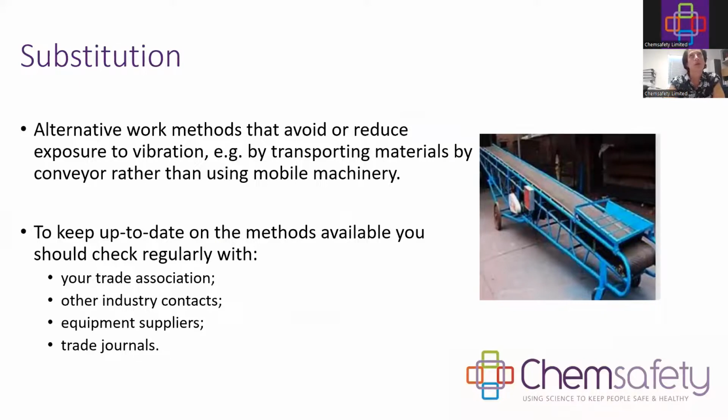So say for instance, you have a little plant where you're grinding, say, iron ore. Instead of taking the product to and fro with a forklift, you can just hook up a small conveyor belt that reduces the risk of whole body vibration.